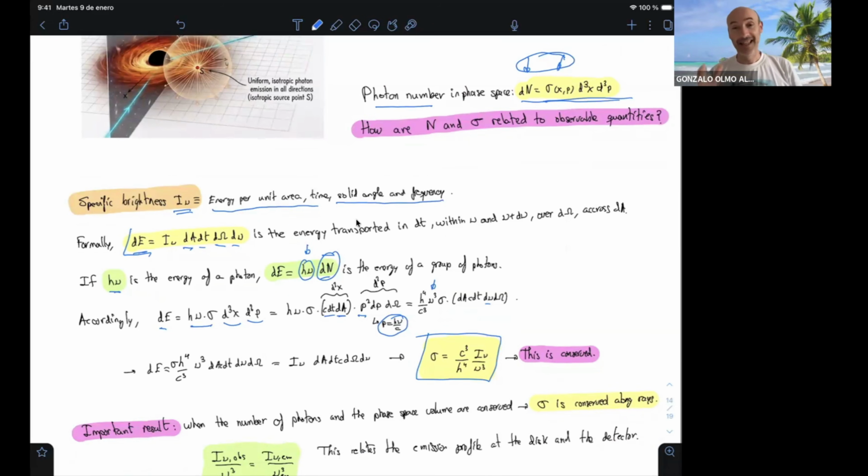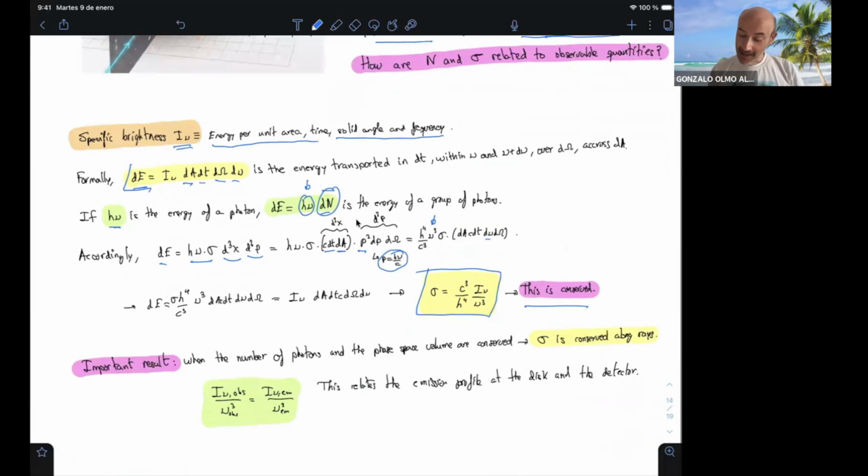And now, I'm concluding. Since this quantity is conserved, then the intensity at the emission point divided by nu cubed, the frequency at the emission, is related to the observed intensity divided by the cube of the observed frequency.